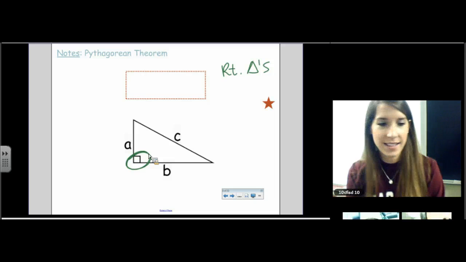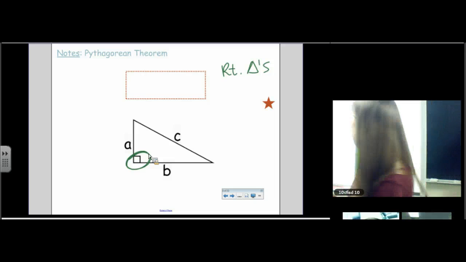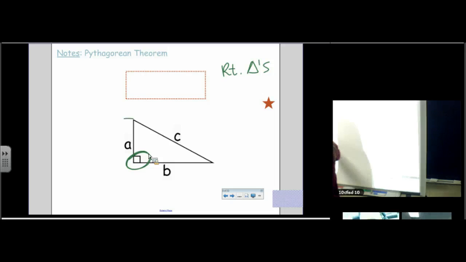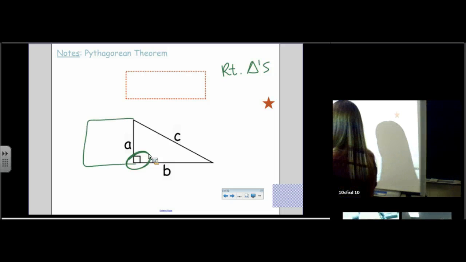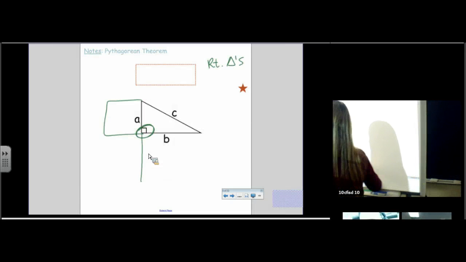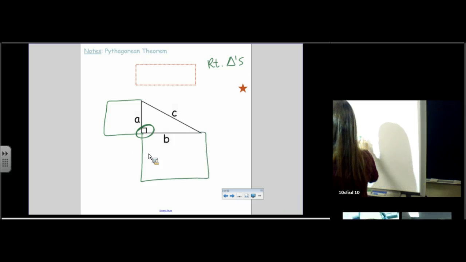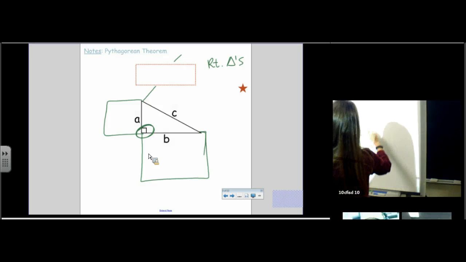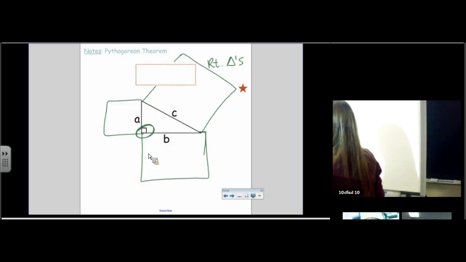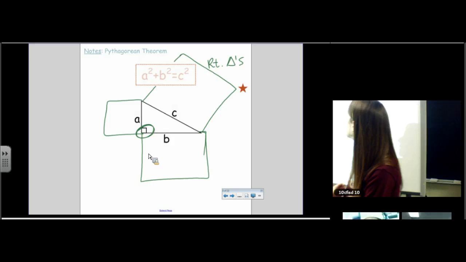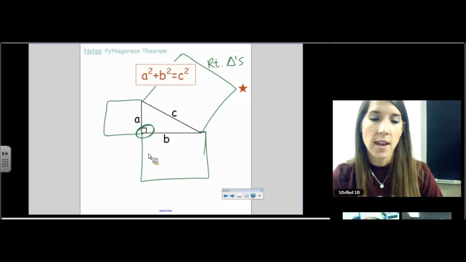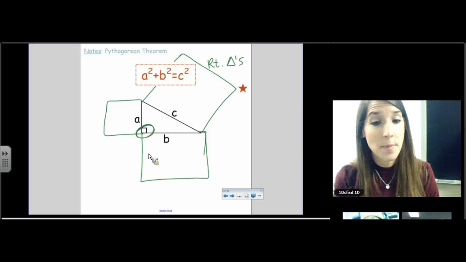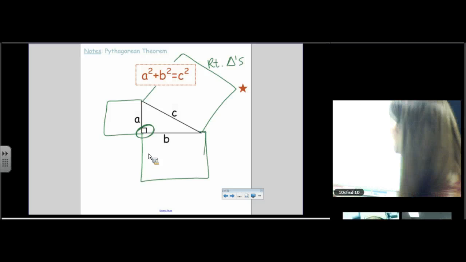And it says, very good, that if you take A and you square it, and you take B and you square it, that it should equal C squared. So it says A squared plus B squared equals C squared, where A and B are the legs and C is the hypotenuse.